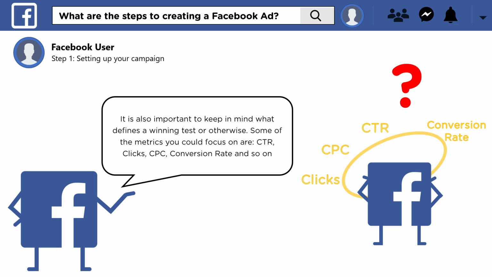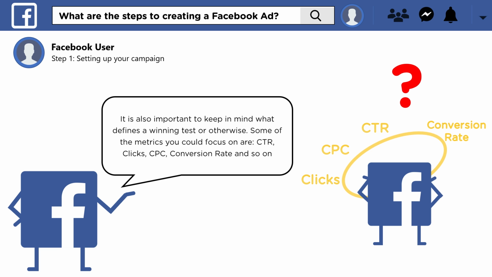The most important thing to note when you A/B test is that you always want to keep in mind what metric you want to measure the test against. Some of the metrics you could use are click-through rate, which is CTR, cost per click, CPC, conversion rate, also known as CR, or just clicks.